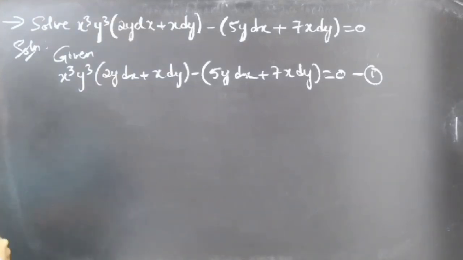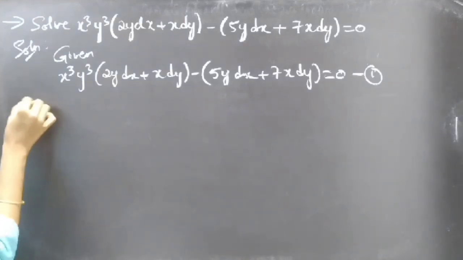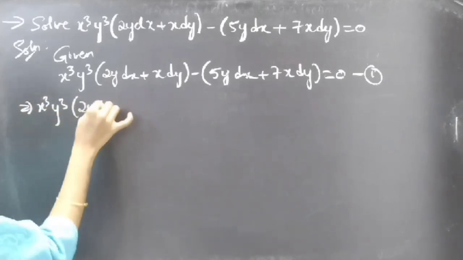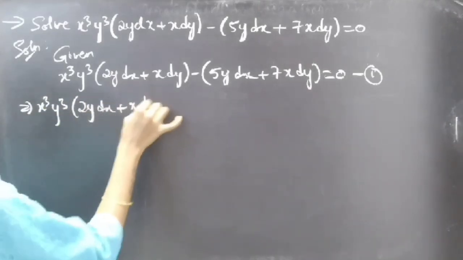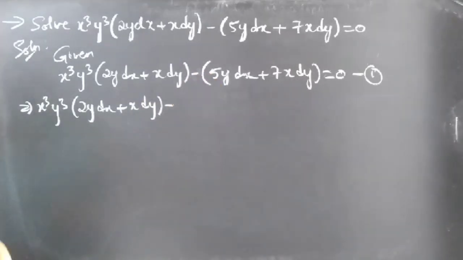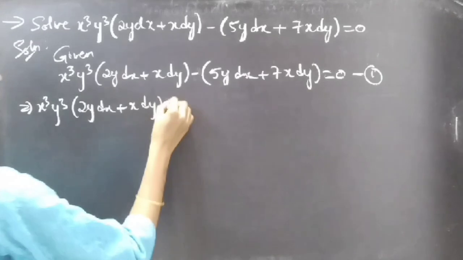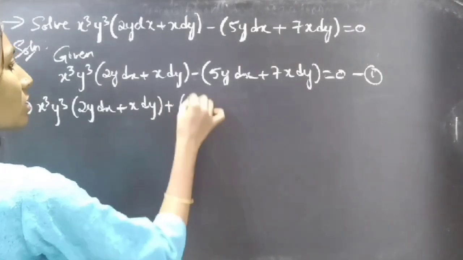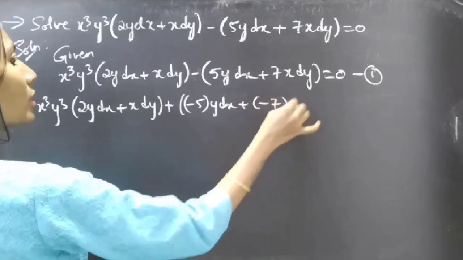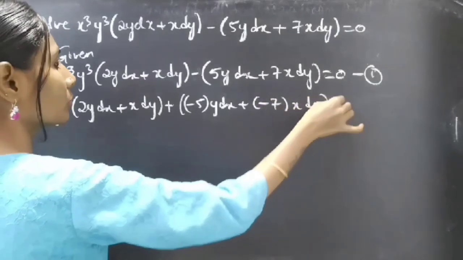Now we can write this equation as x cube y cube into 2y dx plus x dy minus, here just take this minus inside the brackets, you'll get minus 5y dx plus minus 7x dy.